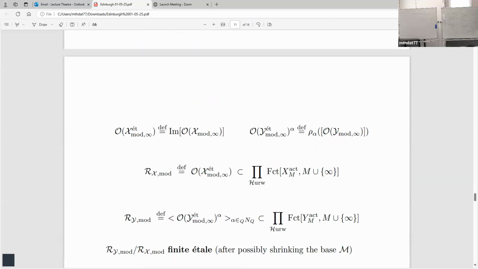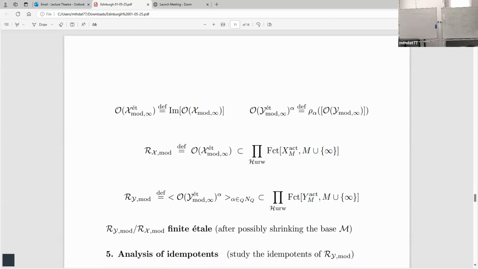And right, so I will denote the image of OX mod infinity. This infinite product has OX et al mod infinity, and then one has a version of OY et al mod infinity, a version of this family of covers labeled by alpha for each alpha in this finite subquotient.